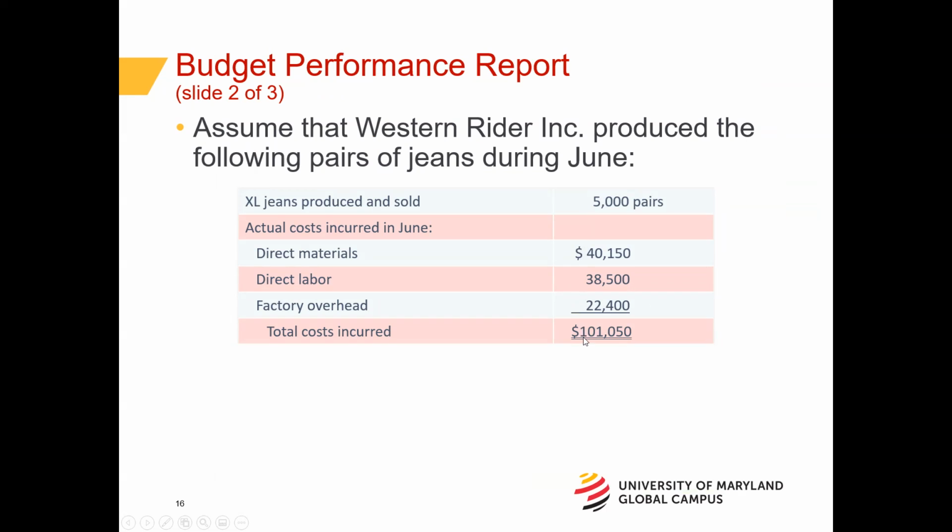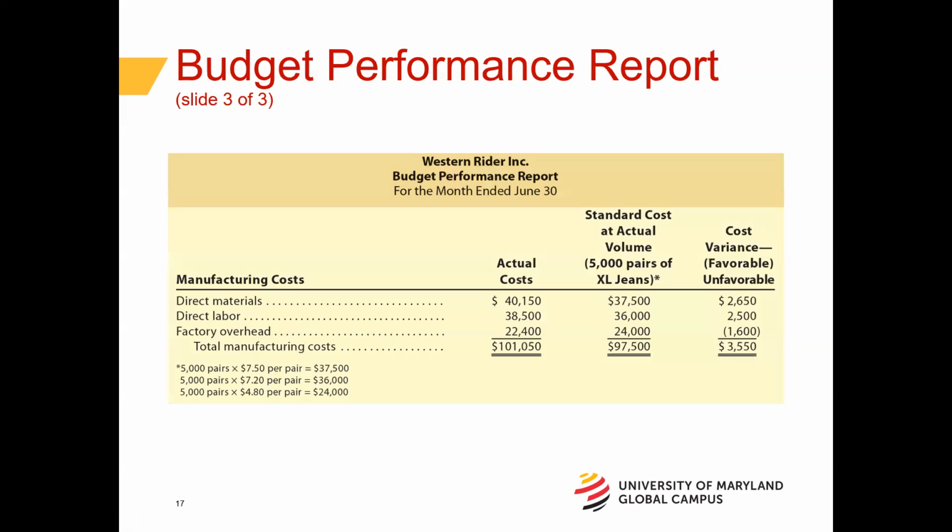How did I get that? I took $101,050 divided by 5,000 pairs, getting us to an actual cost per extra large pair of blue jeans of $20.21. So it's a nice way of figuring out the actual cost.